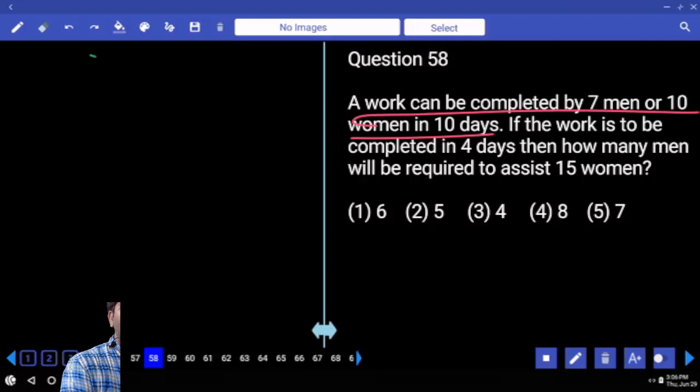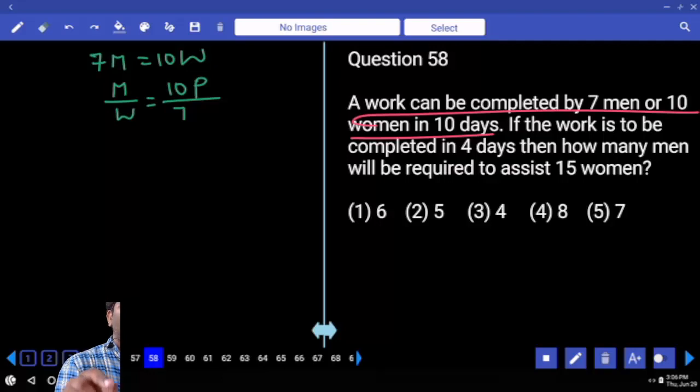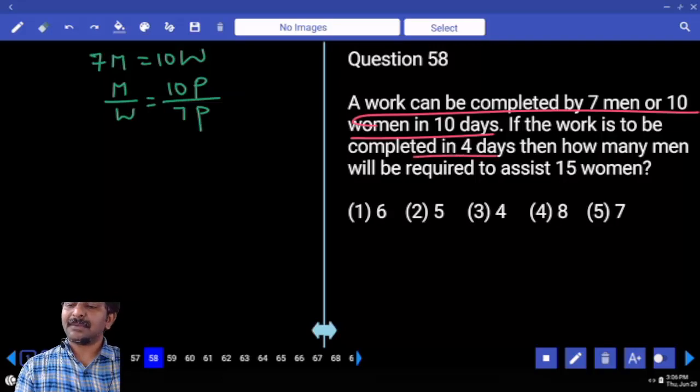That means the efficiency of 7 men is the same as 10 women. From this, M by W is equal to 10 by 7. That means men are doing 10 parts of work and one woman will do 7 parts of work.